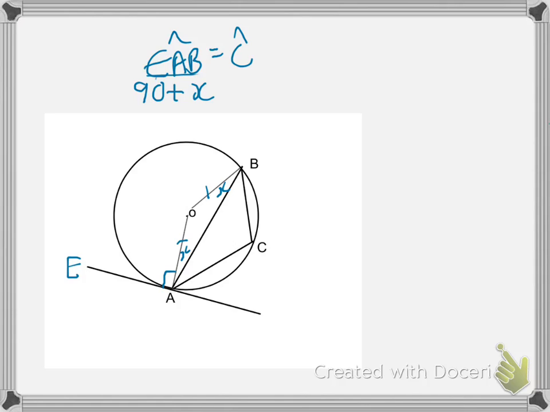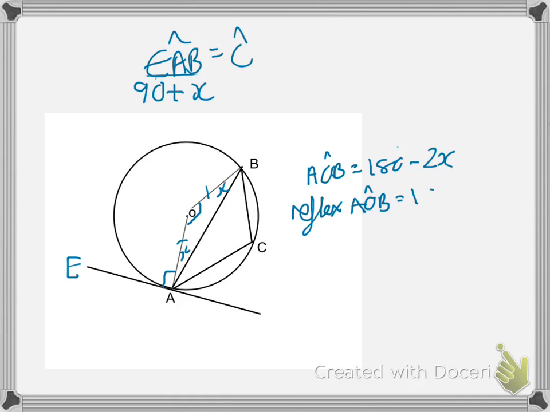Well, angles of a triangle are 180 degrees, so that angle AOB is going to be 180 minus 2x. Okay, so we should all be happy with that, which means reflex AOB is 360 minus that, so that's going to be 180 plus 2x. So this angle over here is 180 plus 2x.